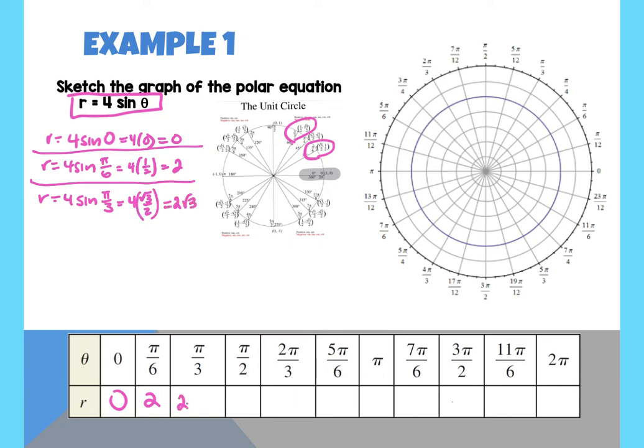Are they all going to be positive? No. Like these that we just did are all in the first part so far, right? And just for this one, that could change. All right, so then r equals 4 sine at pi over 2. At pi over 2, my sine is 1.